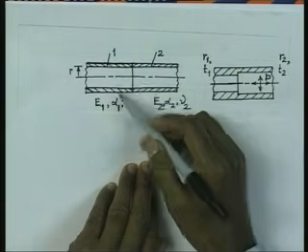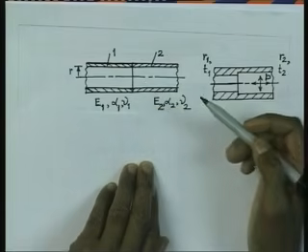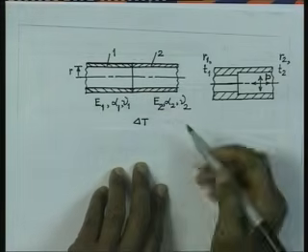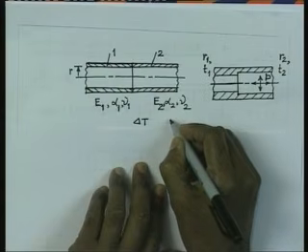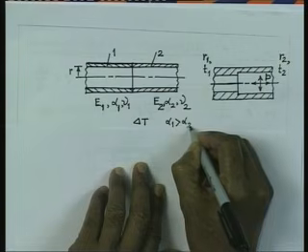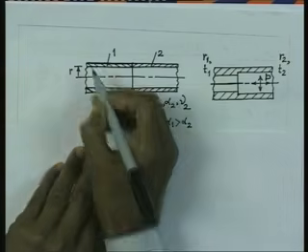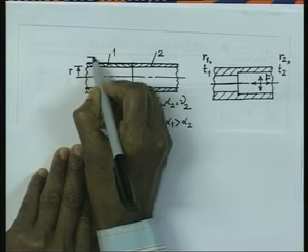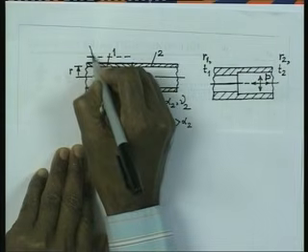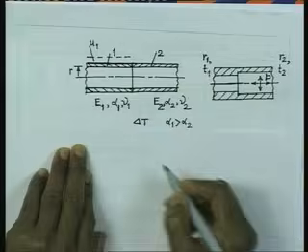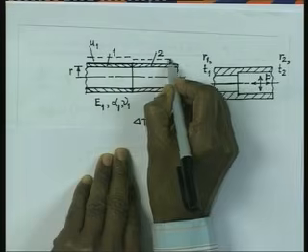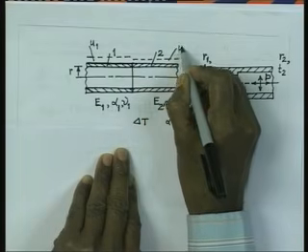First of all, if you think of this case, if the temperature of the pipe is raised by delta T, and think of a situation that the coefficient of thermal expansion alpha 1 is greater than alpha 2, then this pipe on the left is going to expand radially by some amount, let us say u1, and the one on the right is going to expand by some amount, let us say u2.